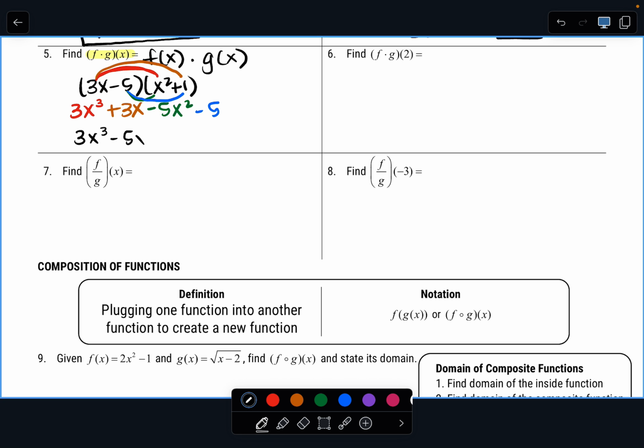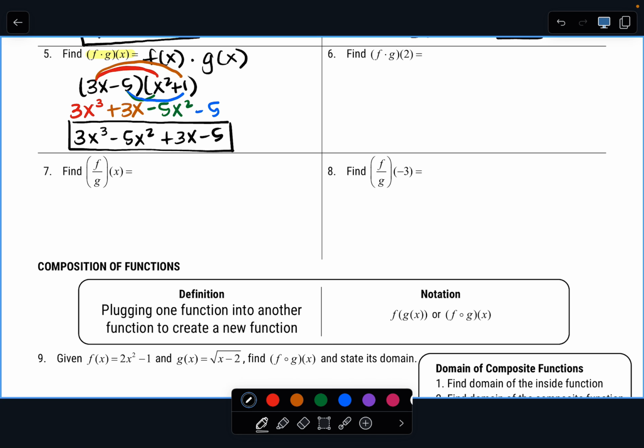So I'm going to make my 5x squared term second, because it's usually going to be in descending order of exponents. So exponent 3, exponent 2, exponent 1, constant. And we have our final answer.